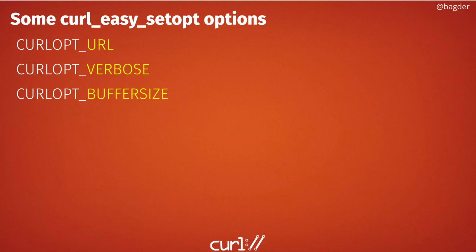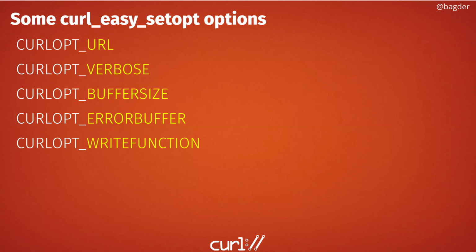You can set a buffer size, which tells libcurl how big a transfer buffer to use, which might be useful if you want to do faster transfers where you're not as network bound. For example, if you're doing localhost transfers, a larger buffer size will make the transfer faster. Error buffer: you want to get better error messages back, so provide a buffer to libcurl to store the error message for you.